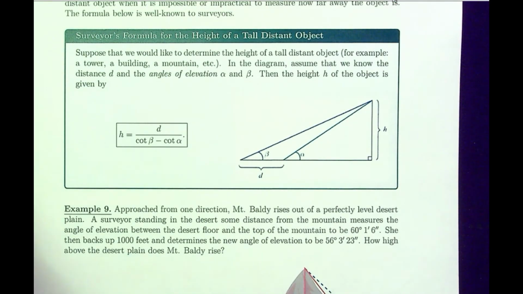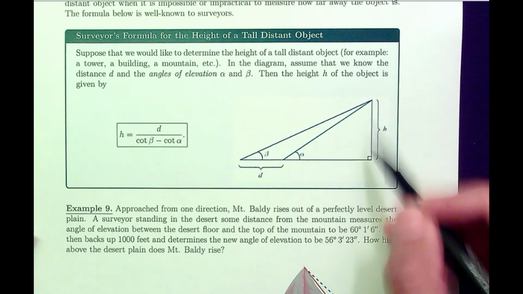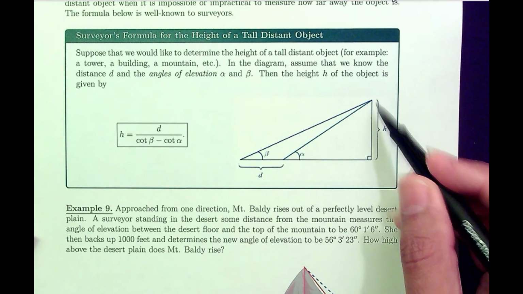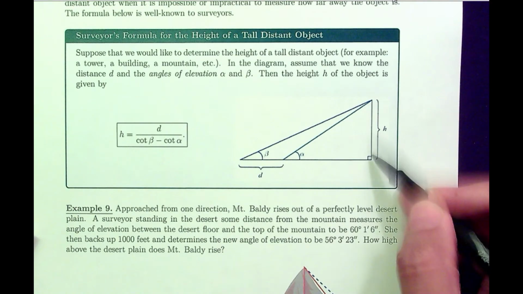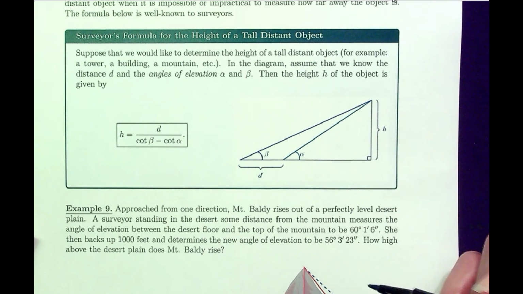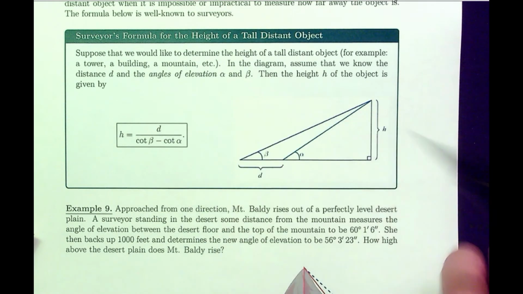So here's the situation. You have some distant object, okay, and the object is here, and the object is tall. Let's say the height of the object is h. It could be a tower, a building, a mountain, whatever. So it's far away and it's tall.